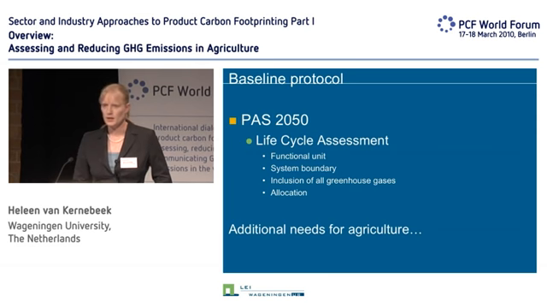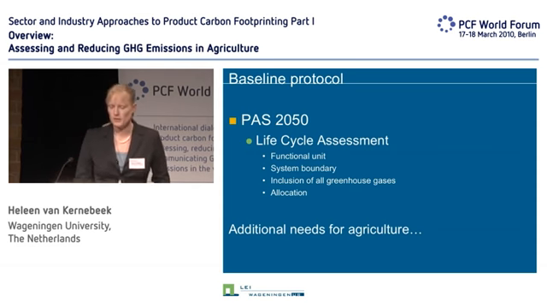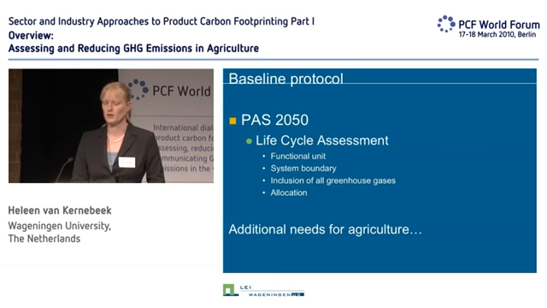I'm not sure to what extent you are familiar with the elements of the life cycle assessment, but I'll just briefly mention that within the PAS 2050 and within life cycle assessment, it is very important to define your functional unit, which is the unit to which you ascribe the greenhouse gases that are emitted, to define the system boundary in order to make clear which steps in the process you do take into account and which steps you do not, to include all the greenhouse gases besides CO2, also methane, nitrous oxide, and if possible also some other greenhouse gases.